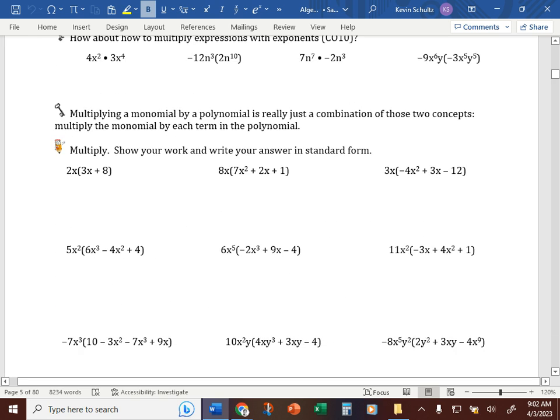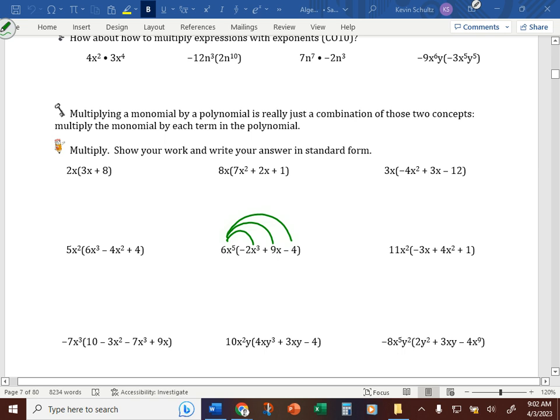We got to the multiplying. We talked about the distributive property, right? And now when you've got a monomial times any other nomial, you're just taking whatever's on the outside and distributing it in to everything on the inside, okay? In like 6x to the fifth times negative 2x cubed, what gets multiplied?